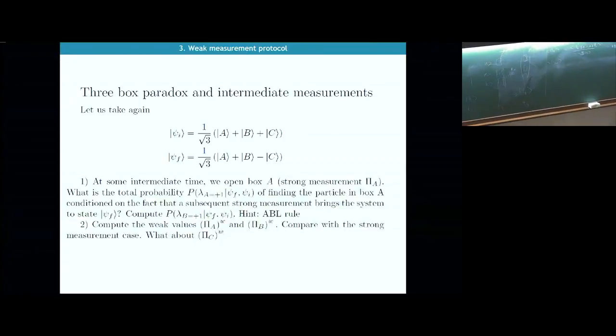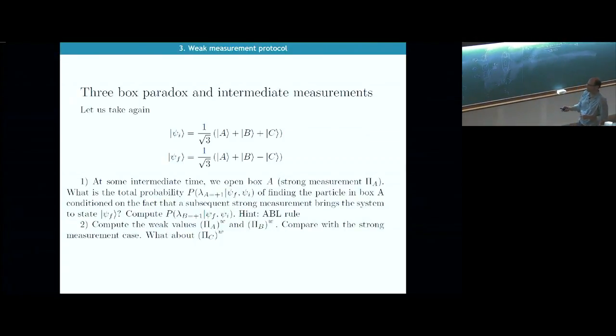What does this mean? Again, I'm coupling. So what I want to do is compare this with the strong measurement case. Here in the weak measurement case, if I couple two pointers, one to A and one to B plus C, I somehow join the boxes and couple the pointer, then each time I find the final system in state psi f, this will be correlated with the fact that the pointer that interacted with A has moved, indicating that the particle was in the box, but the pointer that was coupled to B plus C has not moved, indicating that there was nothing there.